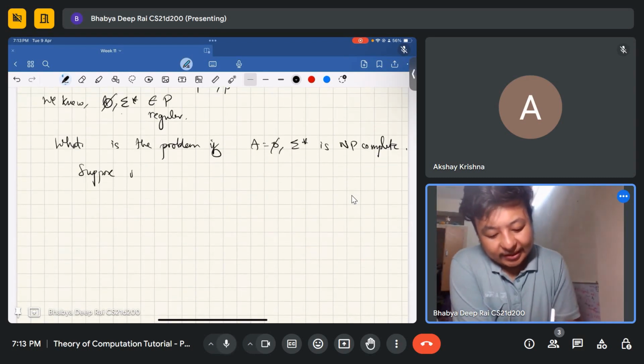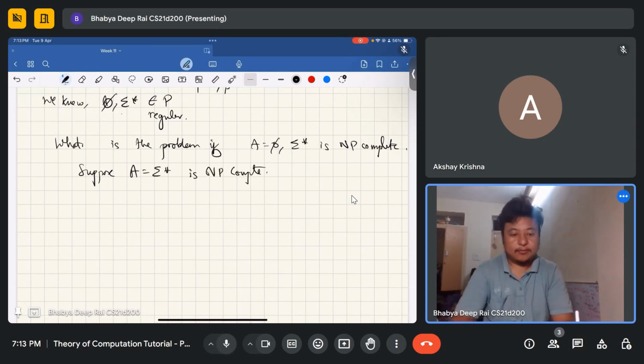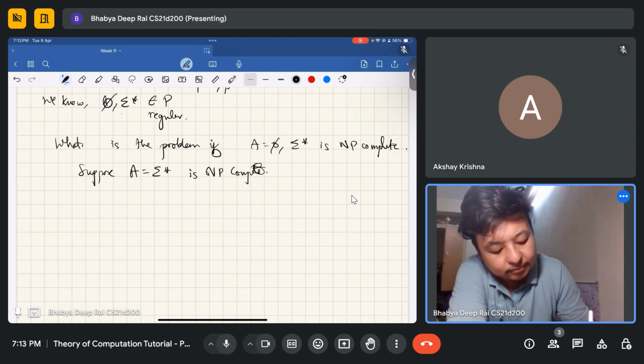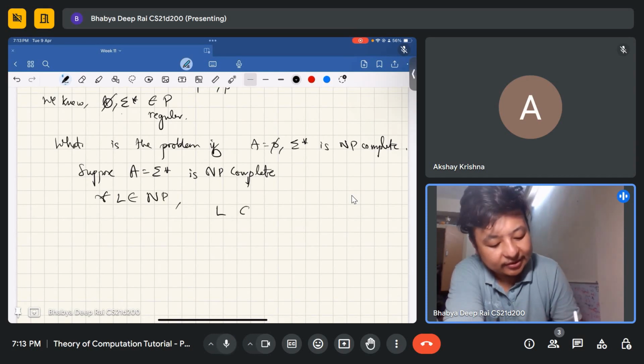suppose A equals sigma star is NP complete, then for all L in P, L reduces to A, that is sigma star.